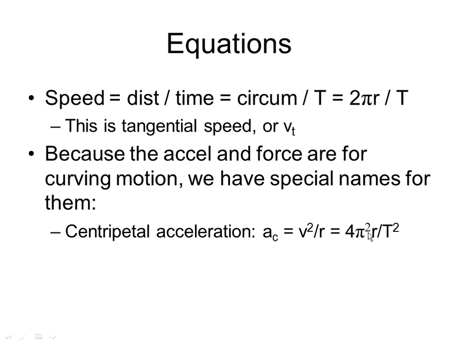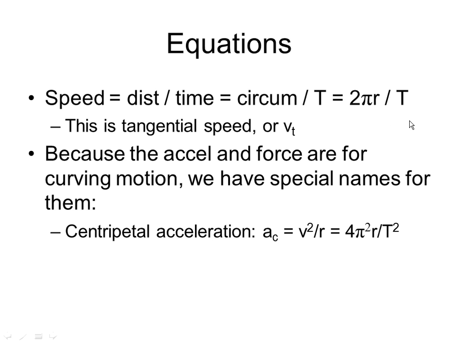So where did this other one come from? I can show you where this one came from. We just said that v is 2 pi r divided by t. Well, if it's v squared, that's going to be 2 squared pi squared r squared divided by t squared. But then we also have to divide through by r. So that's 4 times pi squared times r squared divided by t squared, all of which is divided by r.